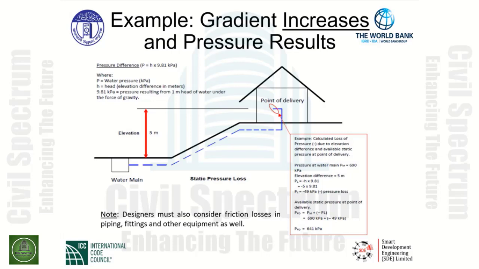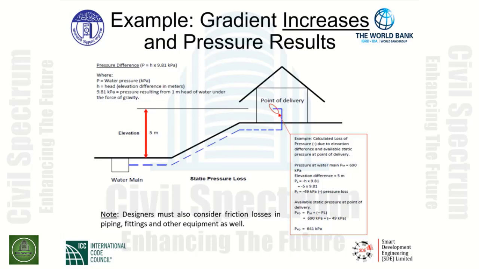The available static pressure at the point of delivery is as follows. The pressure at the point of delivery equals the pressure at the main plus the pressure loss that we just calculated. The pressure at the main is 690 kilopascals, and we add that to the pressure loss of 49 kilopascals.